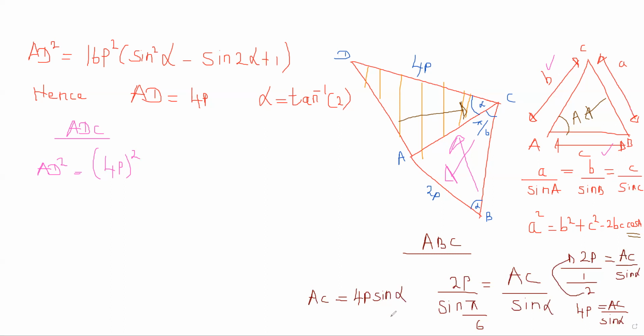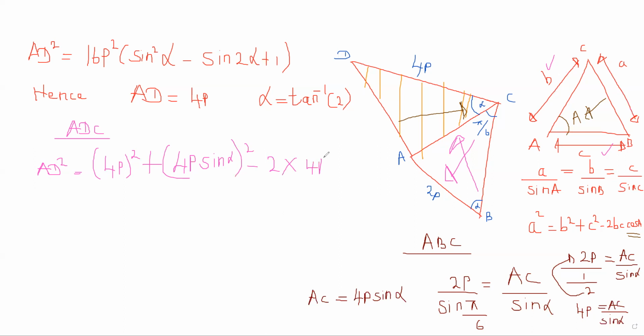I'm really happy I got AC in terms of sine alpha, since the question is also in terms of sine alpha. Therefore, AD squared is equivalent to BC squared, that is 4p squared, plus AC squared. What is my AC? 4p sine alpha. Therefore, I'm substituting here 4p sine alpha whole thing squared, minus 2 into BC cos A. BC, what is my B? 4p.